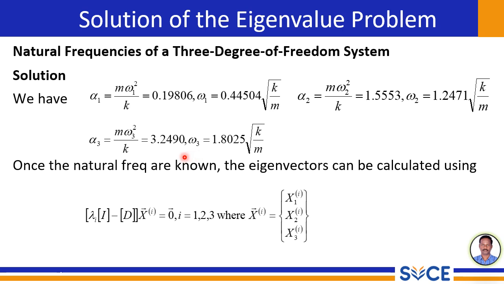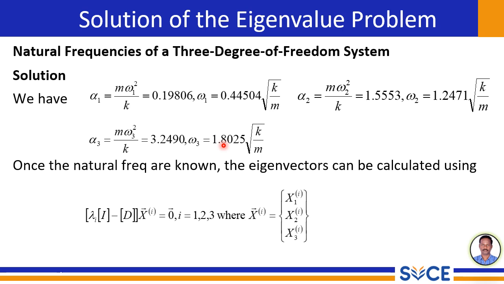Using the relationship alpha equal to m omega square by k, we can find the corresponding natural frequencies, that is omega equal to 0.444504 root of k by m. In a similar fashion omega 1, omega 2, omega 3 are calculated. These are the 3 natural frequencies of the 3 degree of freedom system.